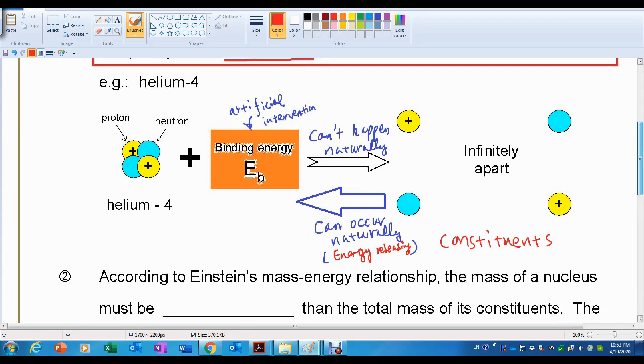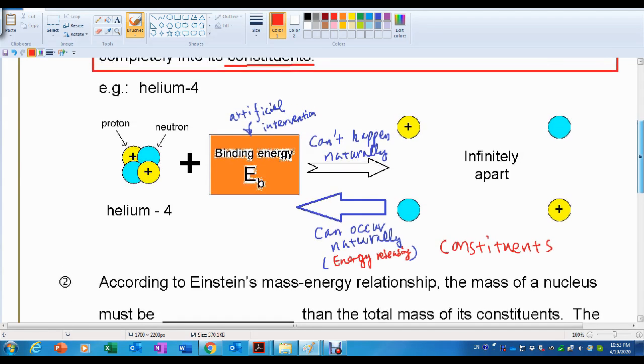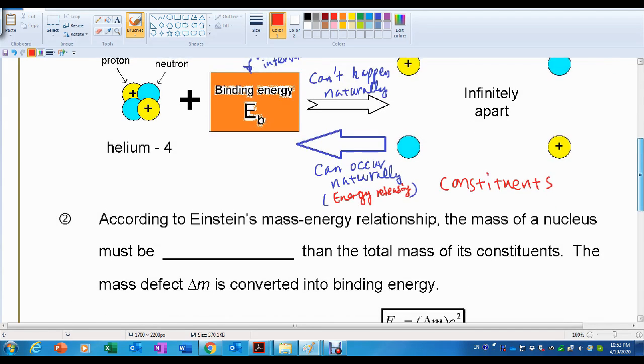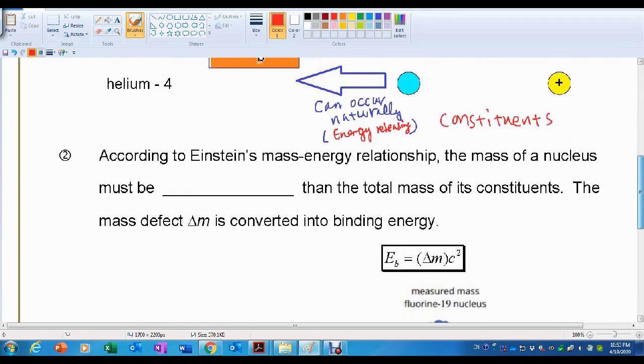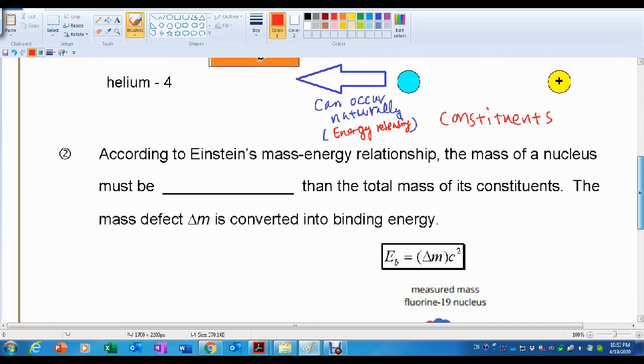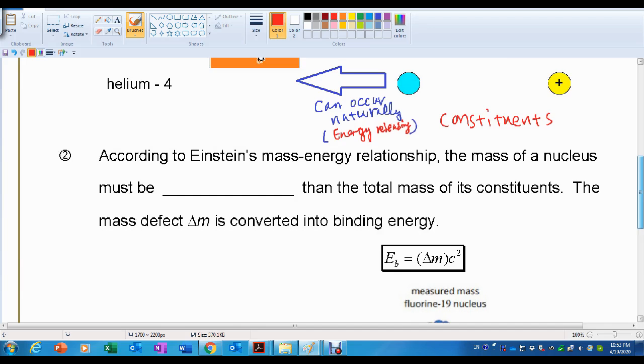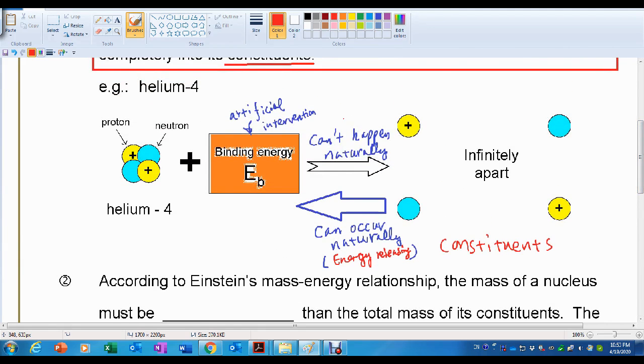Okay, so let's see. According to Einstein's mass-energy relation, the mass of a nucleus must be greater than or smaller than the total mass of the constituents. This is very important. Which side has the greater mass, helium-4 or the total mass of their constituents?